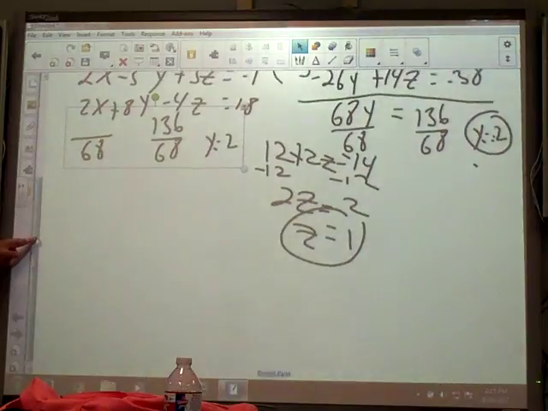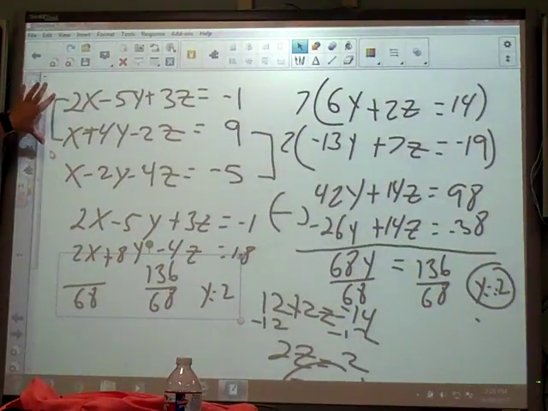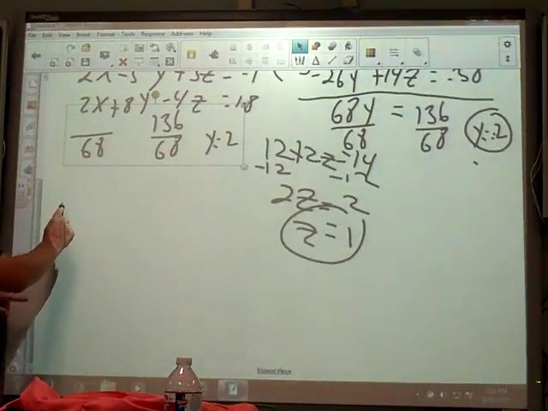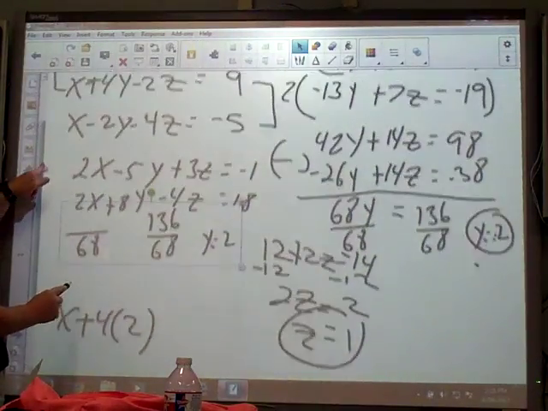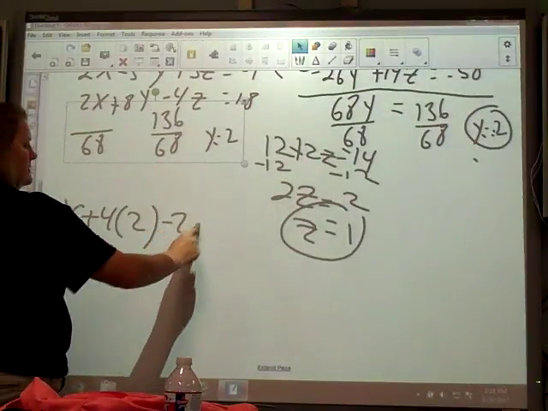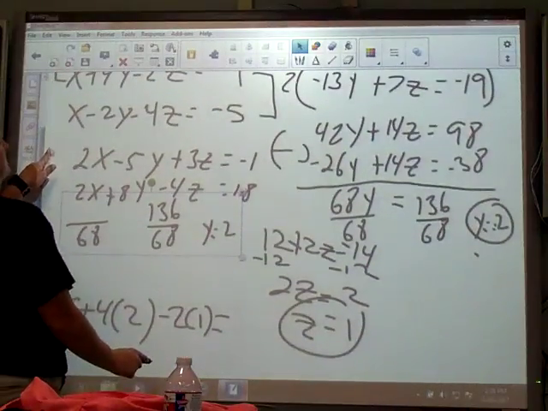Then where do we go to find an x? Back to one of the originals, good Keston, and plug it in. Anybody got a preference? Second one, Grace said, so x plus 4y minus 2z equals 9. Is that the right one?